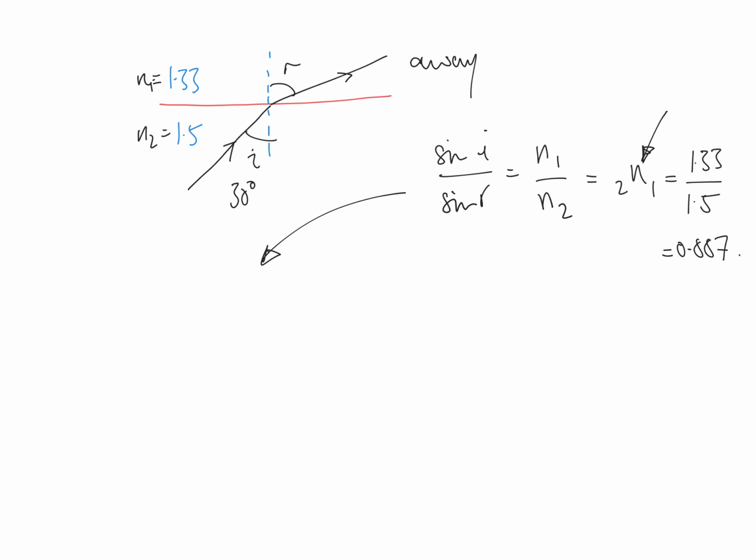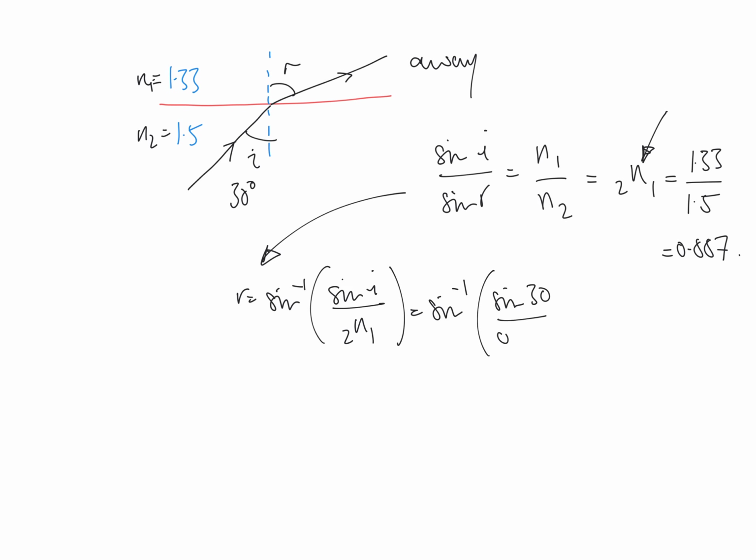I'll do this nice and quickly. r equals sine to the minus 1 of, I've moved that up to there, this down there, sine i over 1n2, sine to the minus 1 of sine 30 over 0.887. And that gives us 34 degrees. So there's not much movement here. It doesn't bend quite as much.